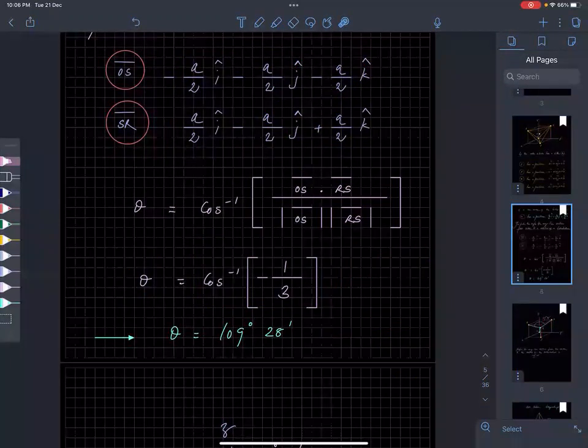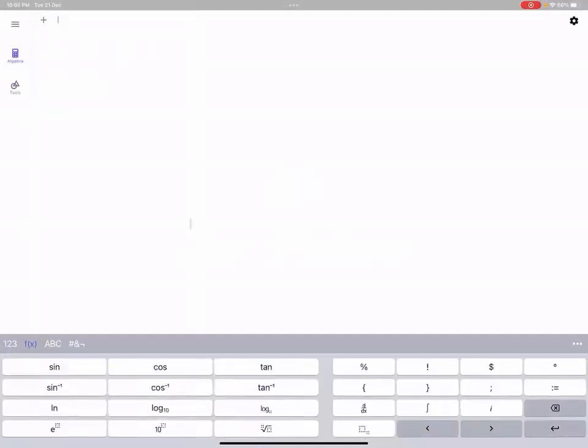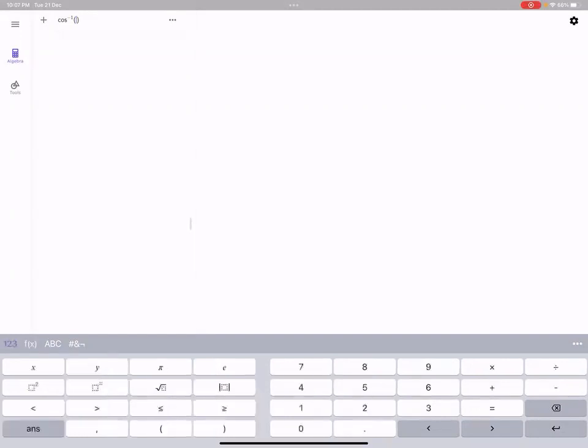So what is cos inverse of minus 1 by 3? Let us see. Cos inverse of minus 1 divided by 3. 109.5. Can you see that?